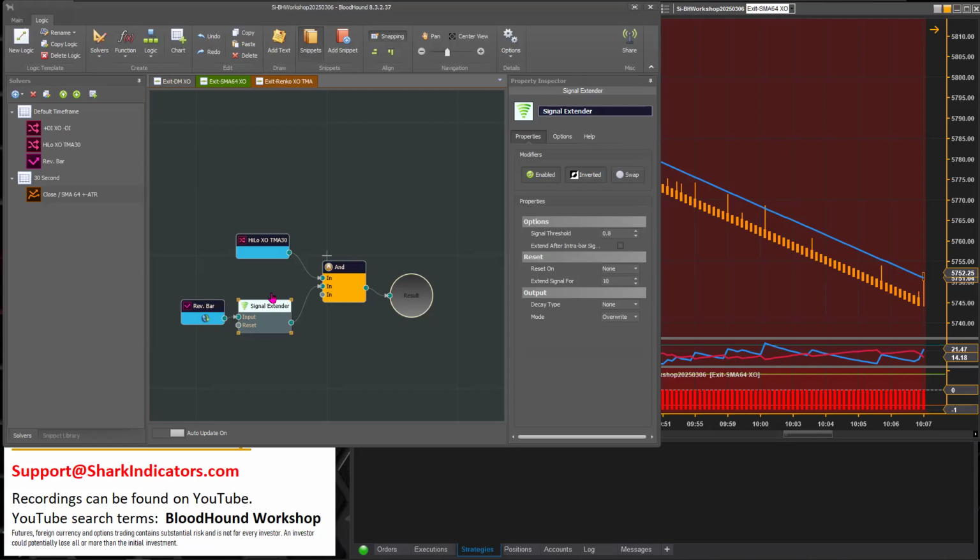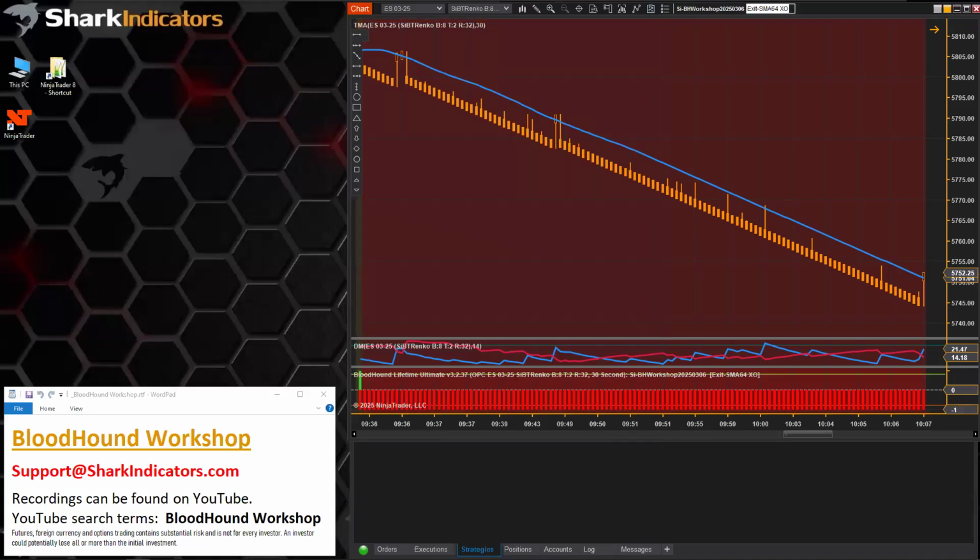So far in today's workshop we've only really had exit signal questions. I haven't had any questions about building an entry signal yet. But yeah, let me close that out.